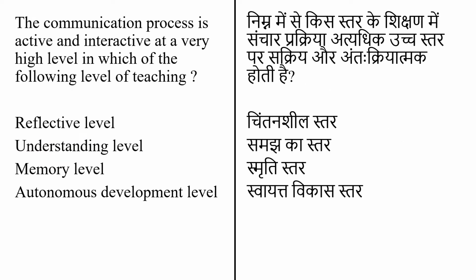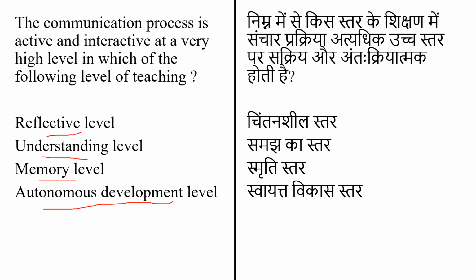The communication process is active and interactive at a very high level in which of the following levels of teaching? For this the first option is reflective level, then the understanding level, then memory level, and the last one is the autonomous development level.